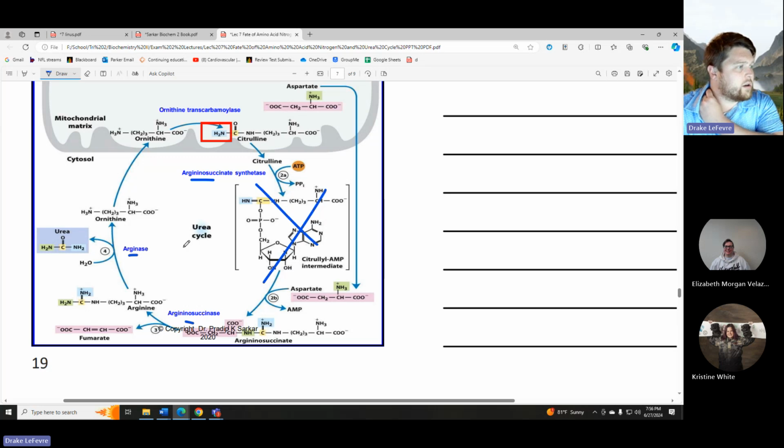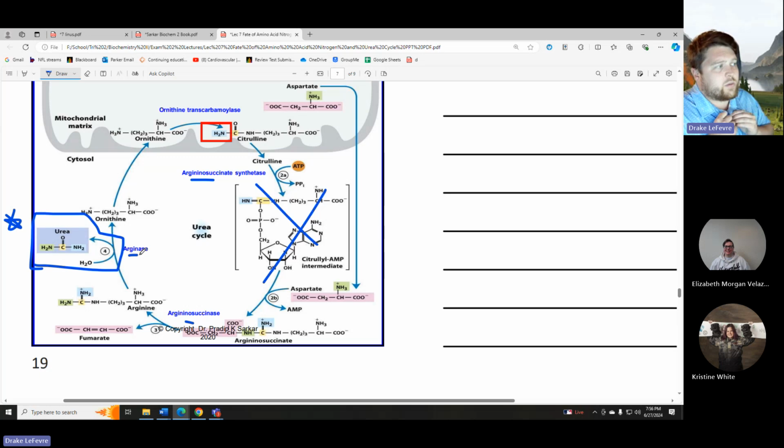It goes and goes and goes. And here's where our urea pops off. This is what you'll want to remember, especially that from arginine to ornithine, thanks to the arginase enzyme, that's when we actually get the urea. Occasionally, that's a question that he'll hit on.